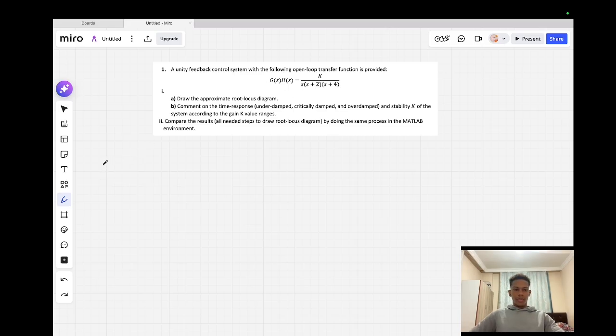So we have G(s)H(s) equal K over s(s plus 2)(s plus 4).